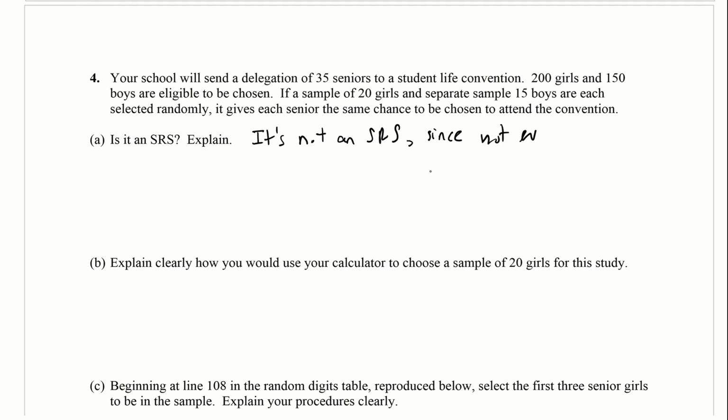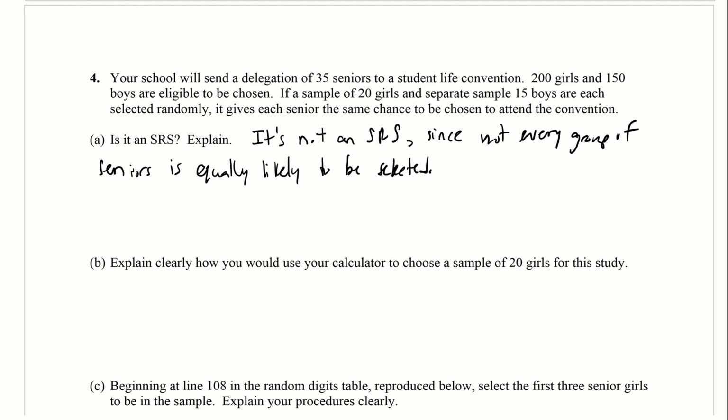Since not every group of seniors is equally likely to be selected. And we mean every group, meaning it's not possible, for example, to get all boys or all girls, which would be possible in an SRS, even though it's random, it can happen, right?